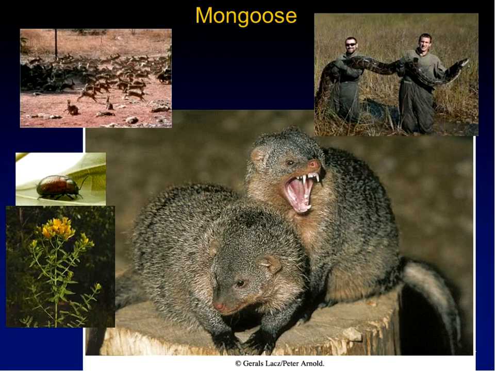So mongooses, as an example that's used in your book, were released in Hawaii in an effort to control rats. However, the mongooses were active during the day while the rats were active at night, so they ignored each other. So in order to get food, the mongooses adapted and attacked defenseless native birds and became as big of a problem as the rats were.